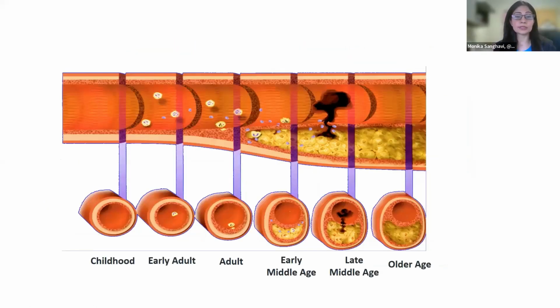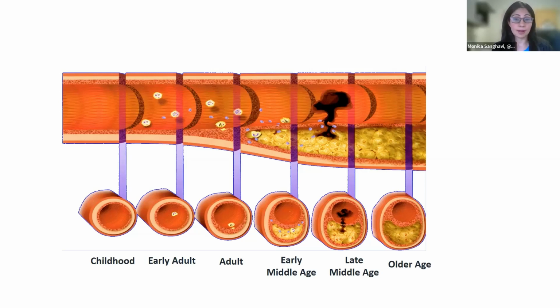I think it's important to remember that plaque doesn't develop overnight. You can get plaque rupture that's sudden, but plaque buildup happens over a long period of time. Up to one third of young adults on autopsy specimens have been found to have plaque buildup in their blood vessels.